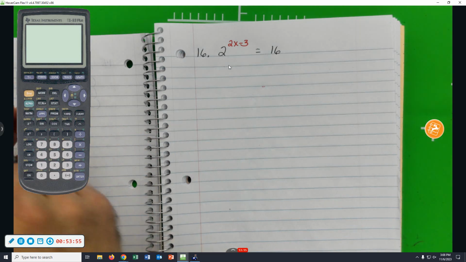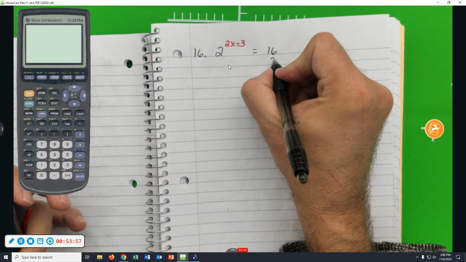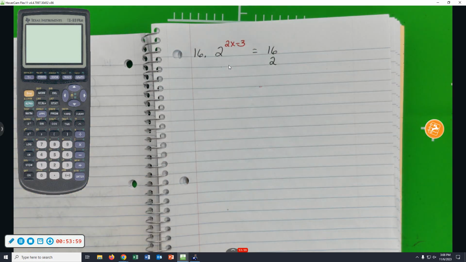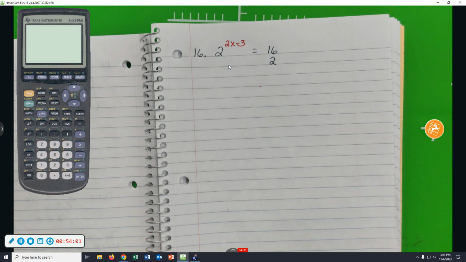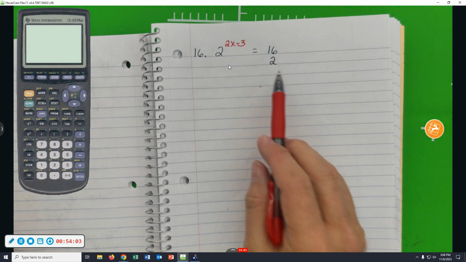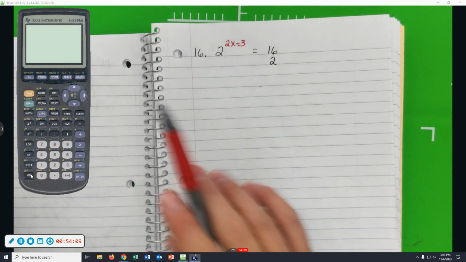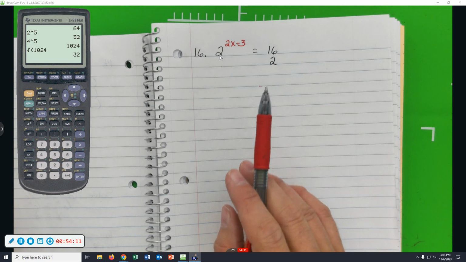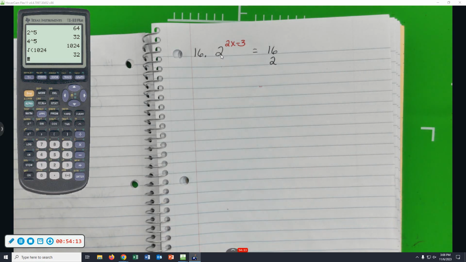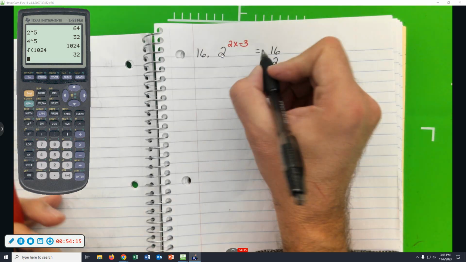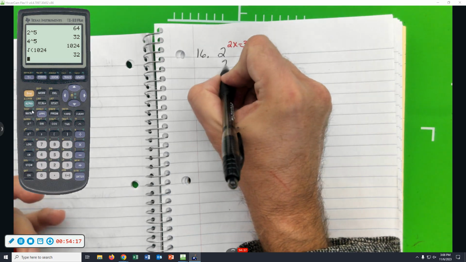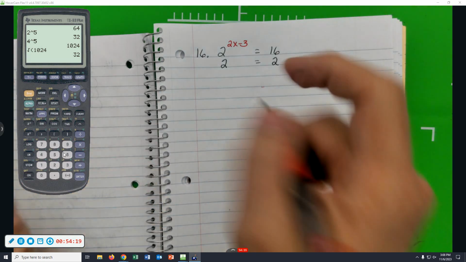Here's what I'm thinking. Can I rewrite 16 with 2 as its base? How many 2's would I need to multiply together to get a 16? We better be able to do this because 2 is a prime number. You're not going to change 2. And if you're going to get a common base, 2 has to be that base.